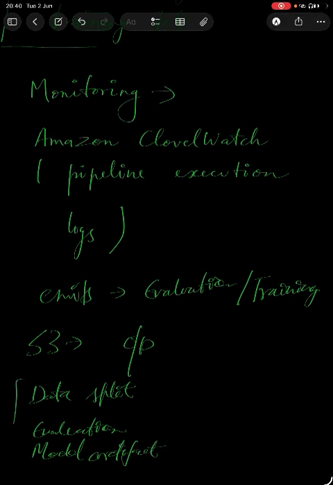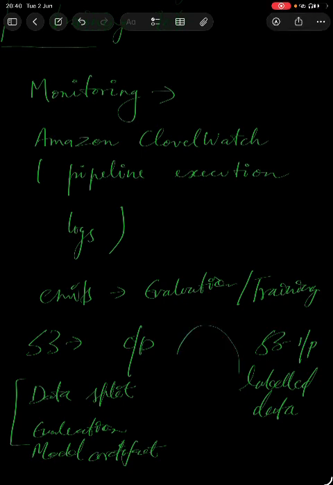So these are the three parts. And for input, S3 for input, we have just labeled data. Okay, because this particular data is being used and then these three outputs are being stored into S3 bucket. So this is the entire workflow of training pipeline.